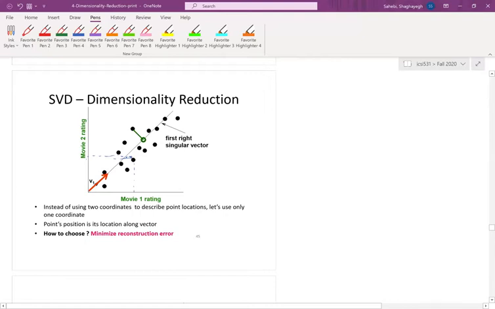Now think that instead of using both of these axes to represent each of the points, we want to only use one coordinate or one axis. Reduce the dimensionality, right?